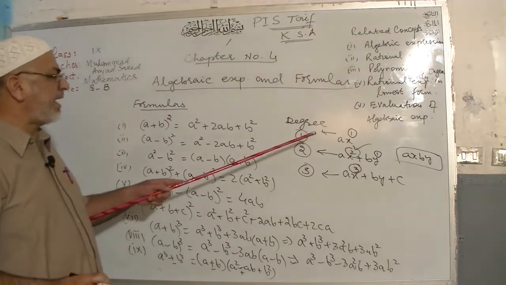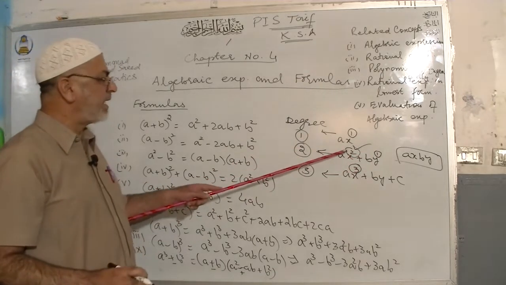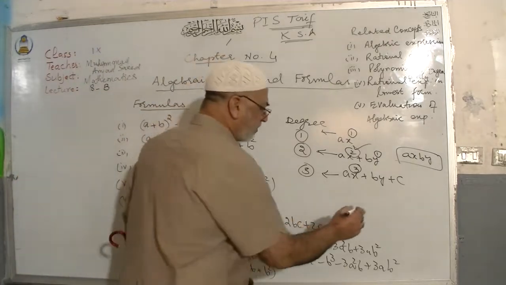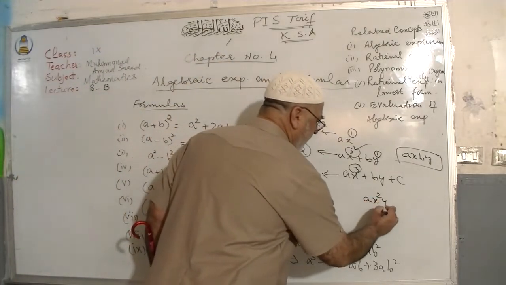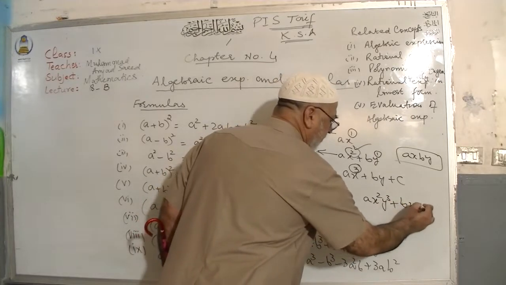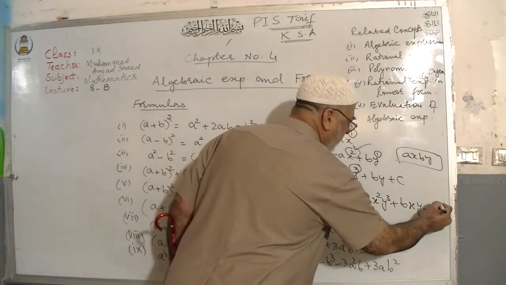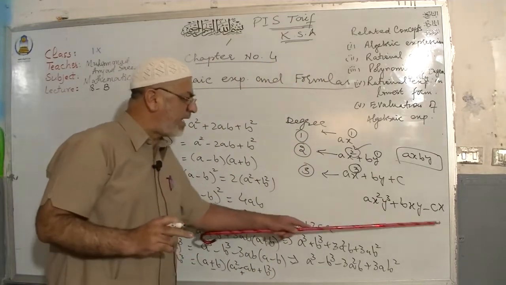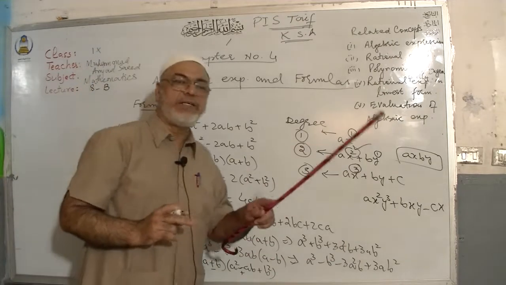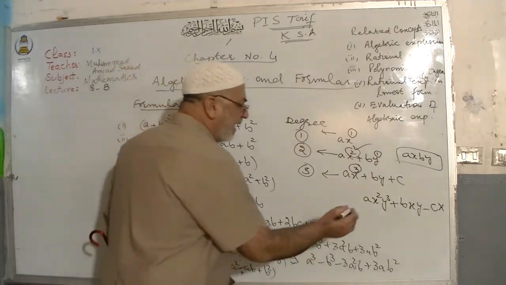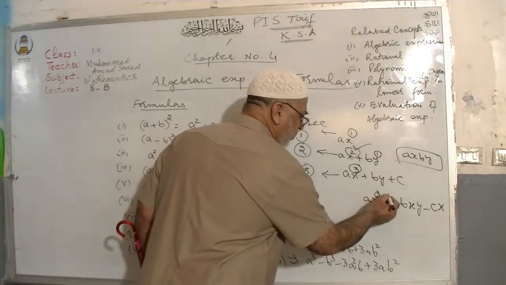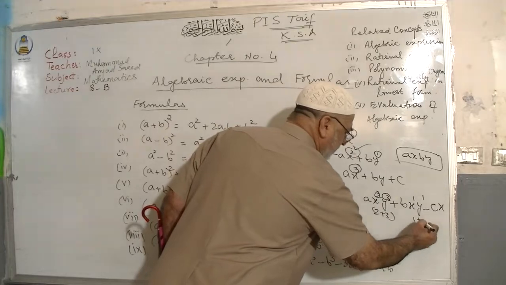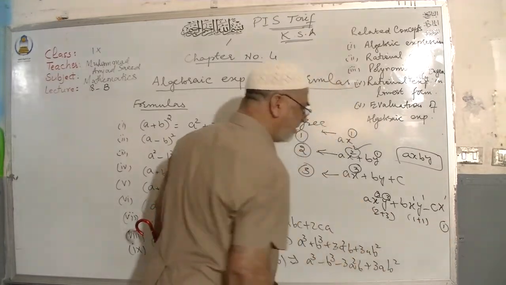Dear students, in case of independent terms, you can see the maximum powers. But there is another case. For example, you have ax square y cube plus bxy minus cx. So in case of multiplication of variables, to check the degree of polynomial, you will add the powers. Here is 2 and here is 3, 2 plus 3. Here is 1 plus 1 and here is 1 power.